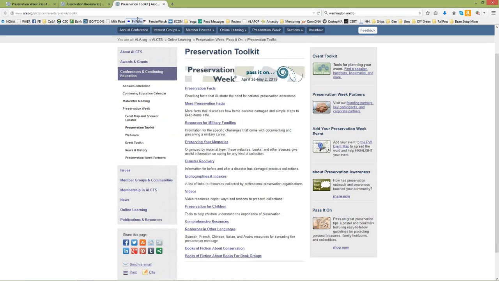But I would also recommend that a lot of countries' national libraries or national archives have some great preservation resources. I know the British Library has a lot of really fabulous material, as do some of the larger museums.